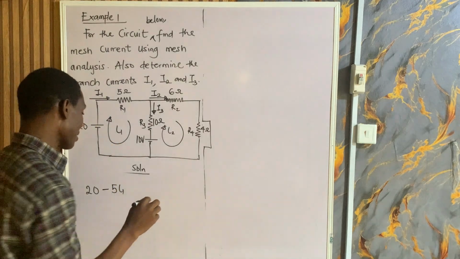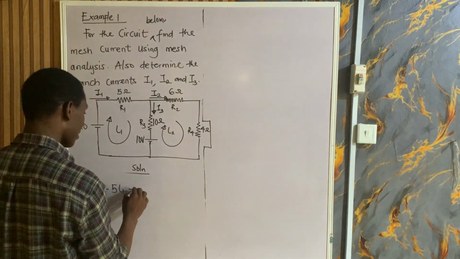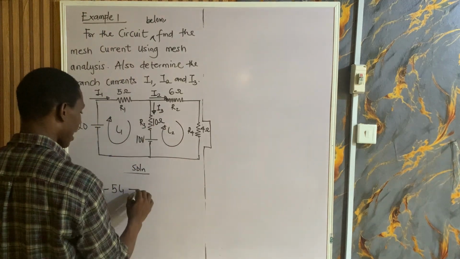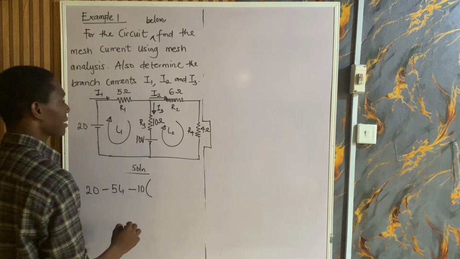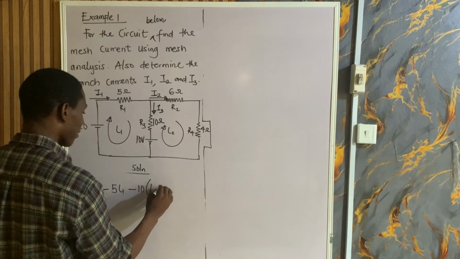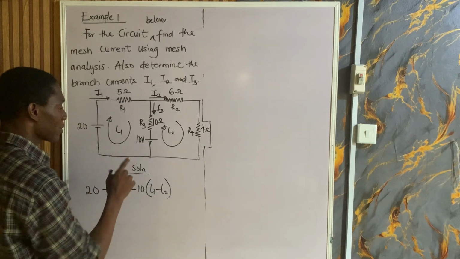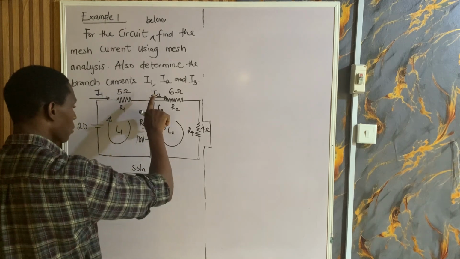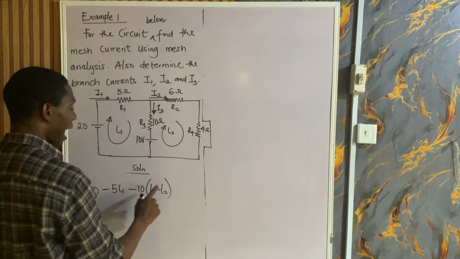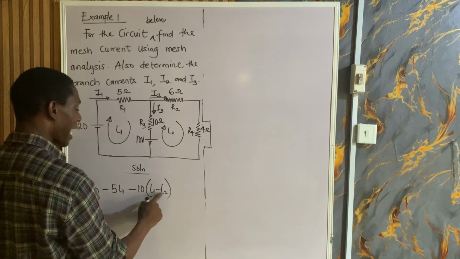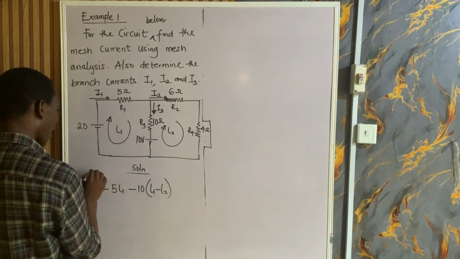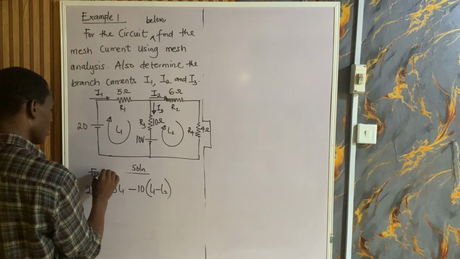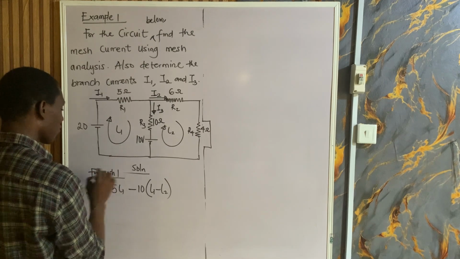Because of that, it's going to be minus, write the value of your R first, 10, then in brackets, I1 minus I2. Why is it I1 minus I2? I1 is flowing downward in this middle part, while I2 is flowing upward. That's why it's I1 minus I2. And I'm starting with I1 minus I2, not I2 minus I1, because I'm doing mesh 1. So this is for mesh 1.